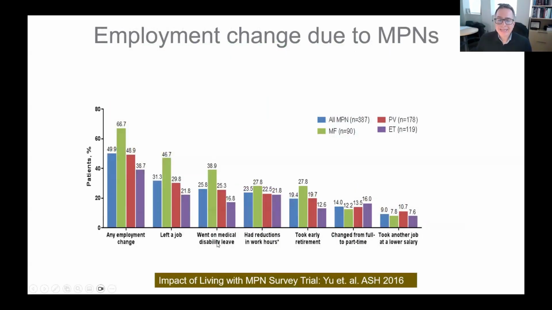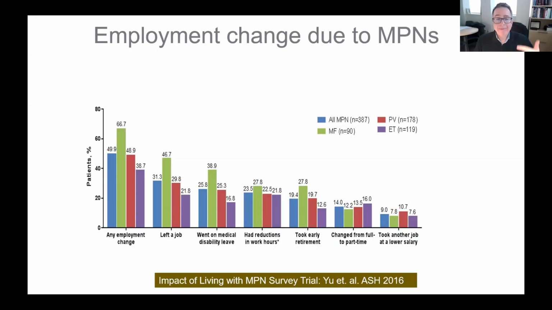And here we show very nicely something that I think we all probably recognize, but actually quantified in a survey, showing the effects of having an MPN, and again, it's color coded green for MF, red for PV, purple for ET, that show how it affects aspects of life that go beyond the office visit.